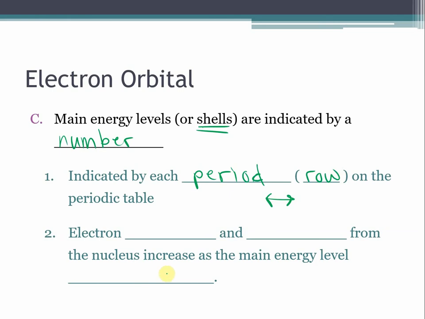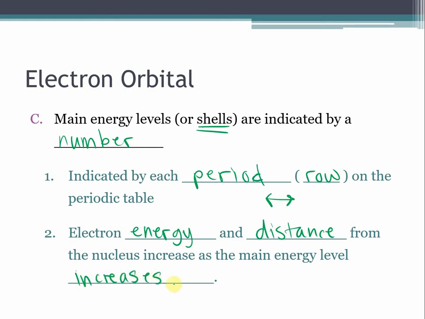So as you move down your table, as you get to larger and larger periods, the electron energy and distance from the nucleus increases as the main energy level increases.